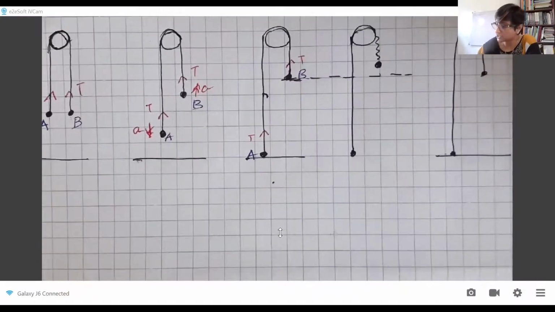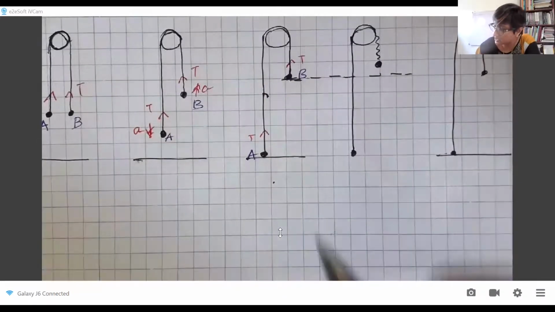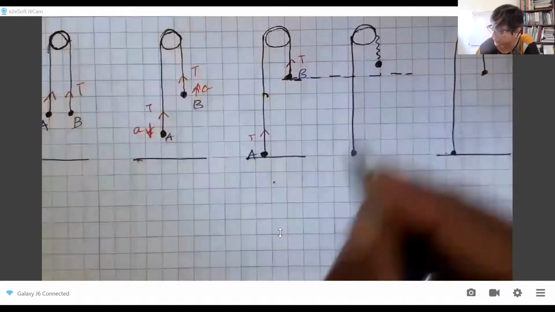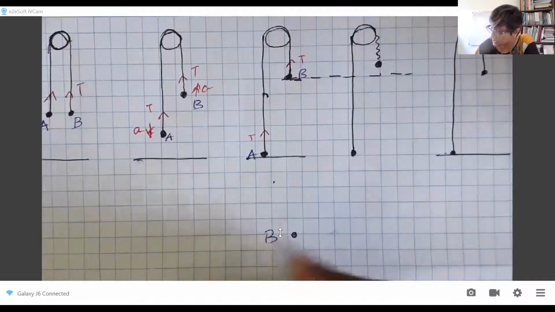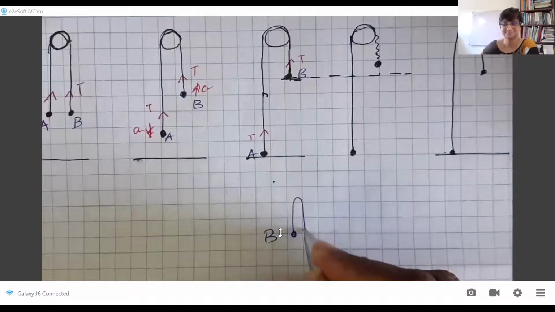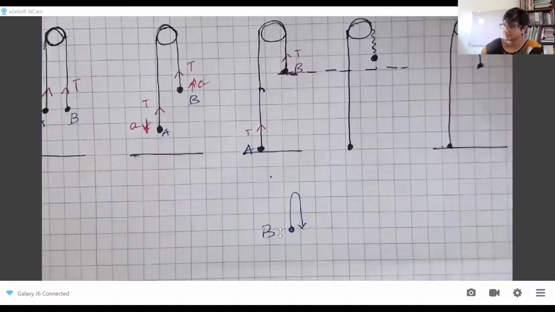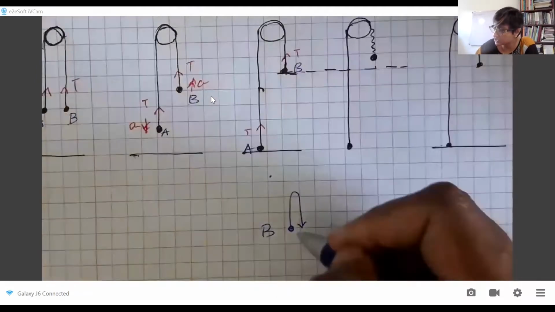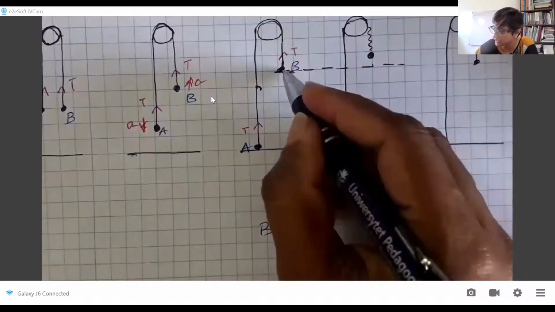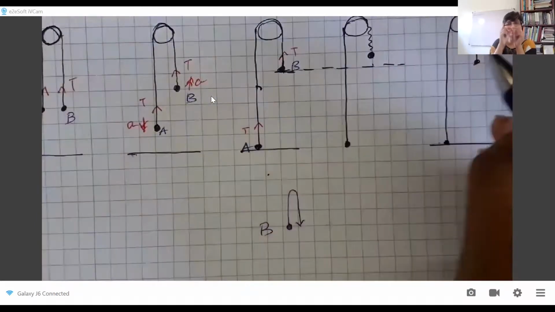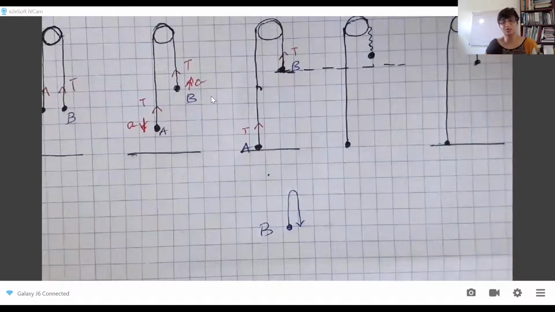So the motion of B from this point, if I show you in a separate diagram, it just goes up and comes down. This is the motion of B from this point to this point. It's a little motion under gravity because there is no tension.